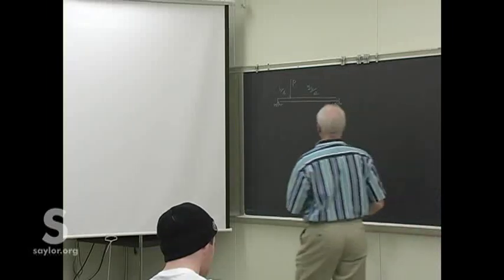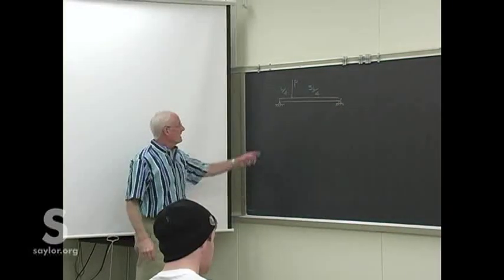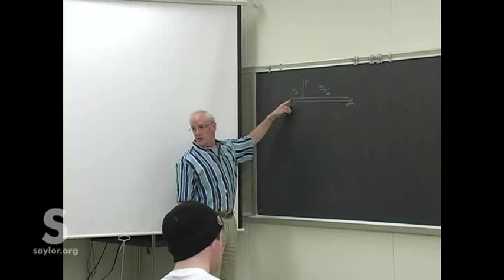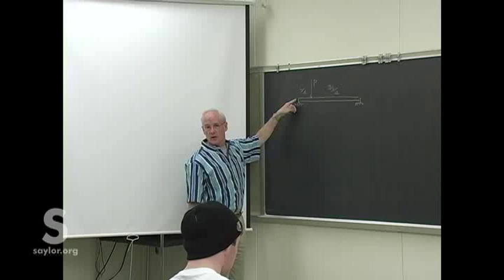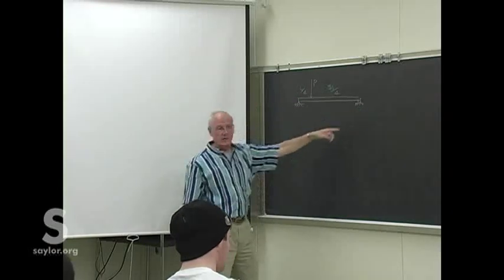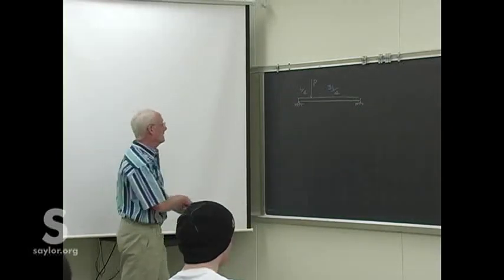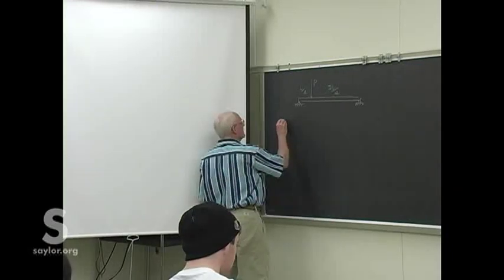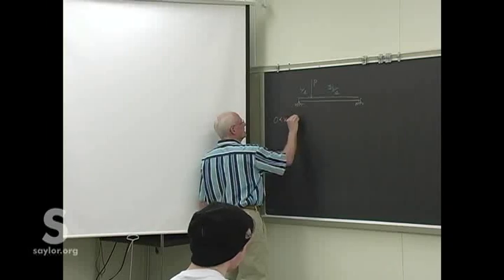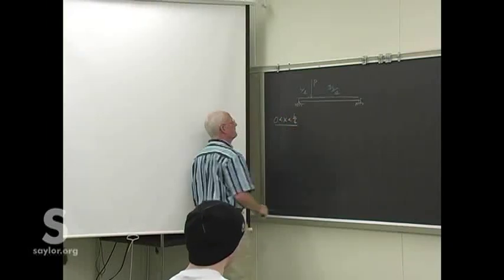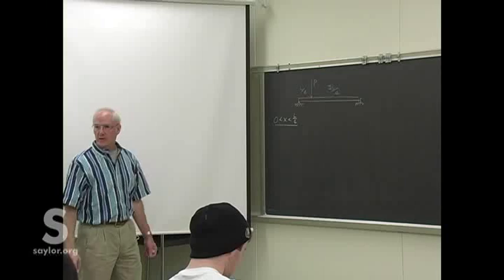Now, this one we have to be a little more careful with because the function for the moment is different on the left side of the load than it is on the right side of the load. And we need that function for the moment to put things together. So we'll start first with just doing the very left side of the beam.